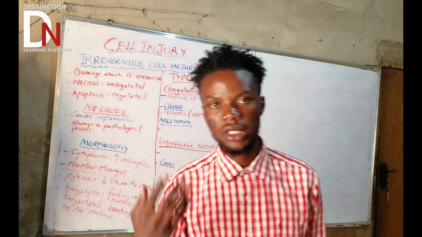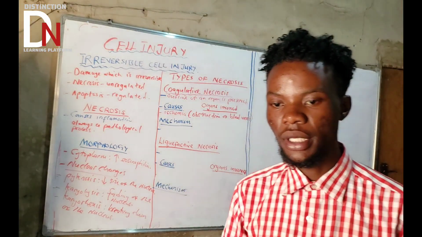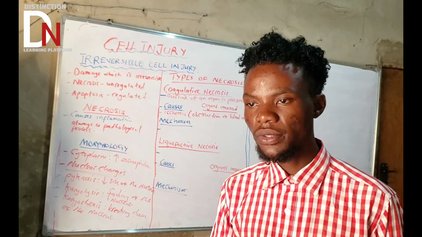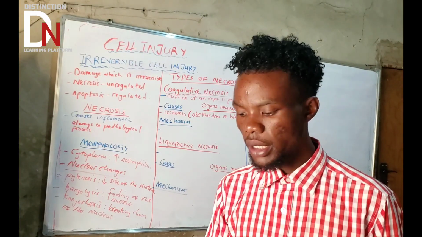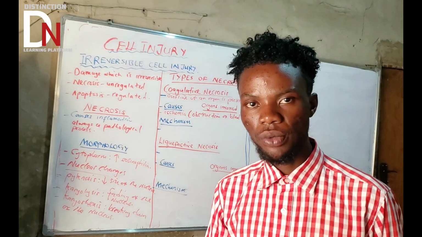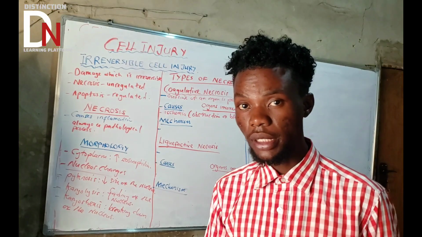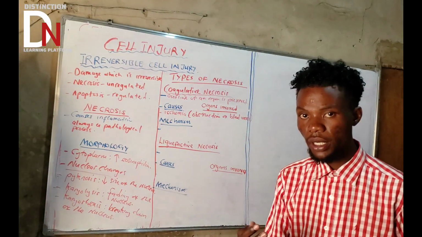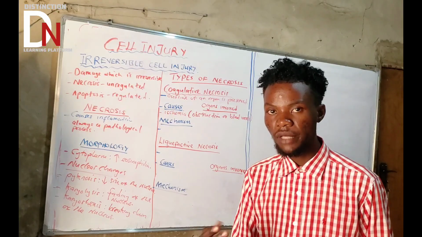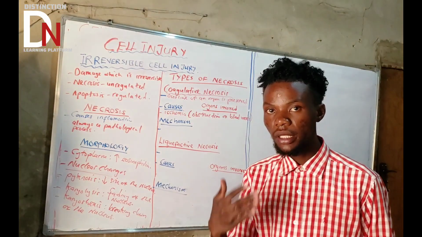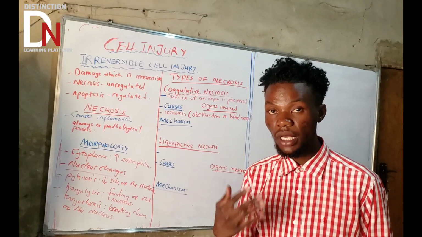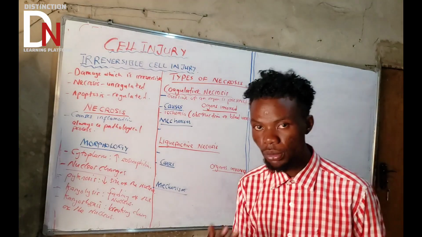Basically, an organ is not receiving much oxygen. If an organ is not receiving much oxygen, enzymes and proteins will be denatured. Enzymes are the ones that destroy an organ. If they are denatured, the outline of the organ is going to be preserved.